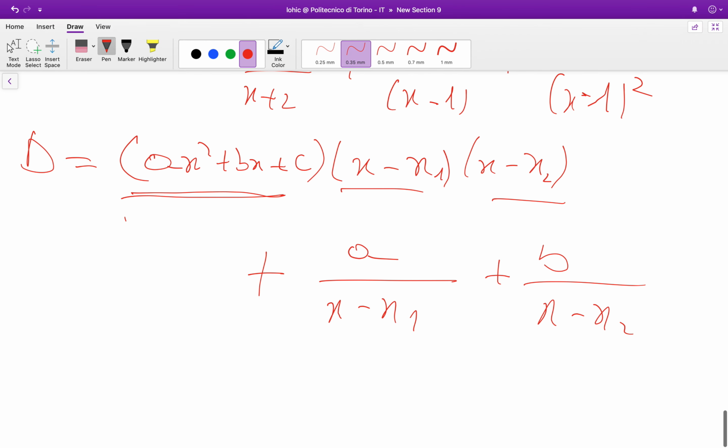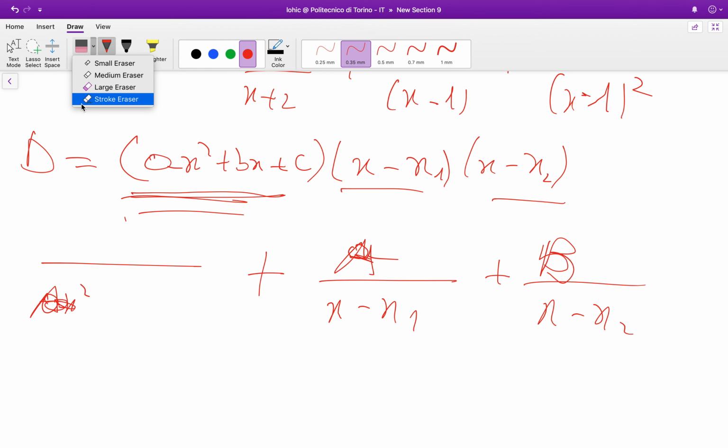But for this factor, look, it is a polynomial of which order? Order 2, so it is ax squared plus bx plus c. Let me use big A here to not be confused with the other constants.